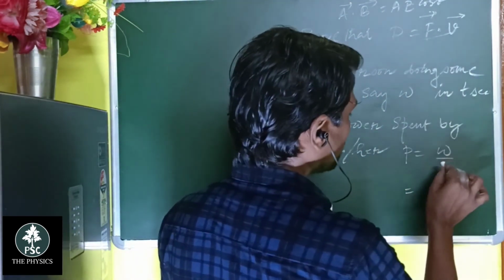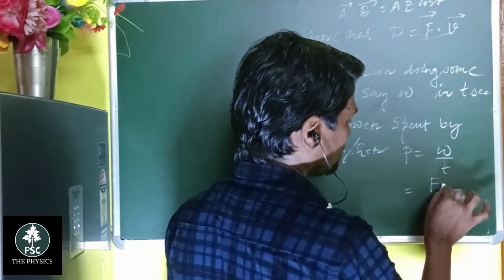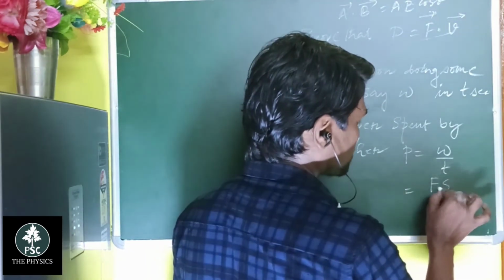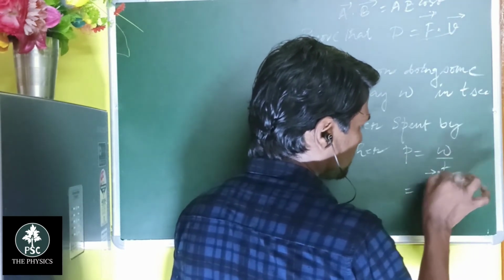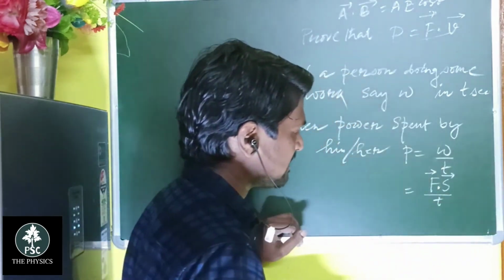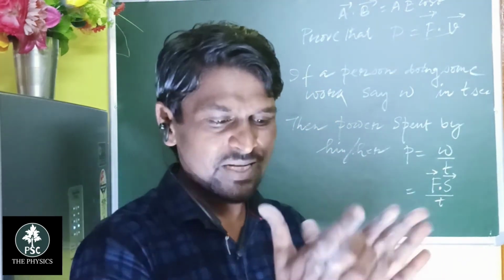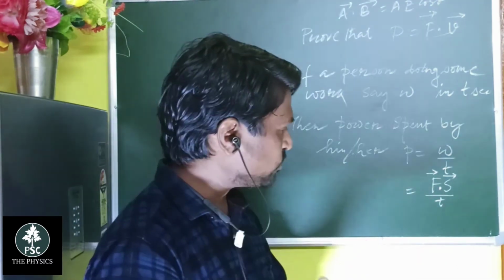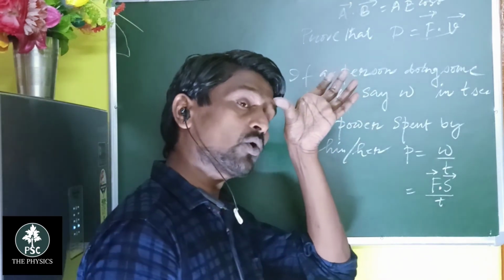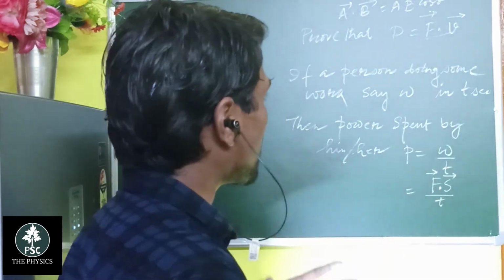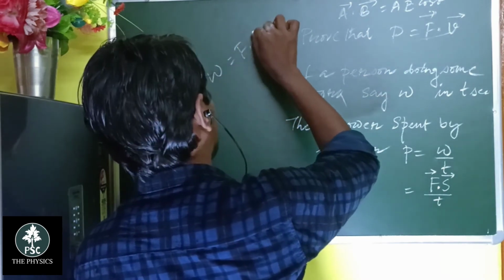Work done, we know, is force and displacement, so F dot S. Go to the first lecture, where I explain the component of displacement along force and the component of force along S. Since work is a scalar, that's why you can write F dot S.